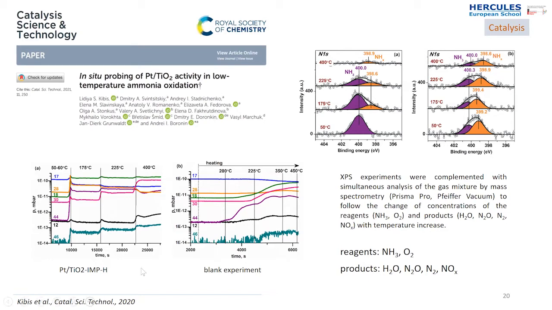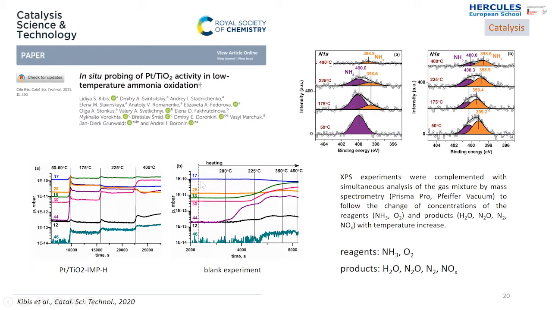Here's a comparison of such mass spectrometer data, and you can see that 17 is the mass for the ammonia, because nitrogen has mass 14 and 3 hydrogens, 14 plus 3, 17. And the product N2O, 44, is increasing even below 100 degrees C. And other products like water and nitrogen, you can see them all here.